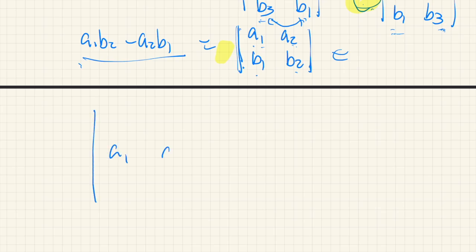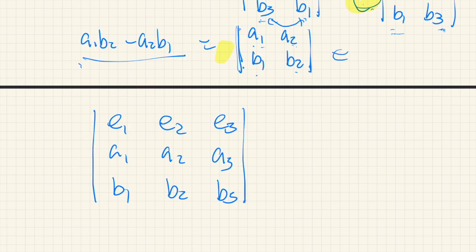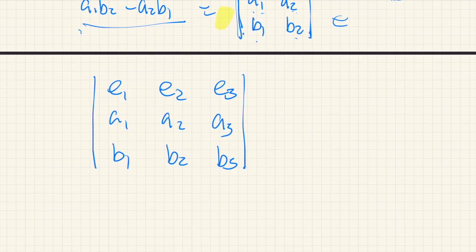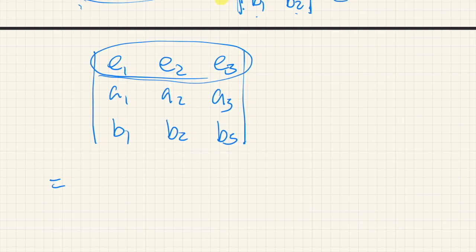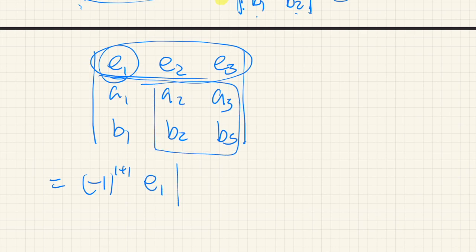So A1, A2, A3, and B1, B2, B3. And let's say we have other components. Okay, if we want to calculate the determinant of this matrix, then let's expand along the first row. Then we have negative 1 to the power of 1 plus 1, so 1, element here, and E1, and we have this determinant.